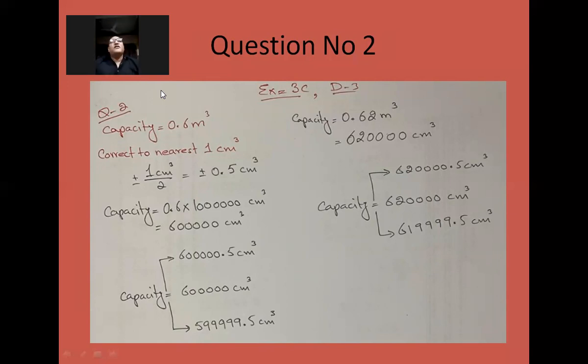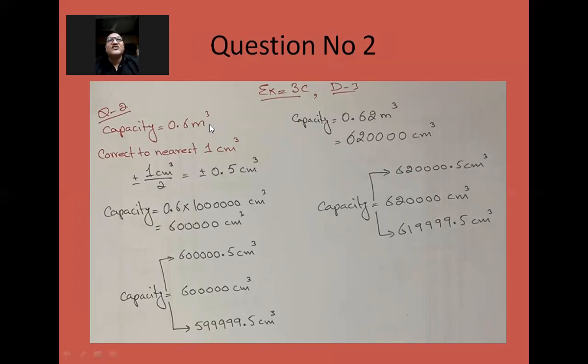First of all, I have done this whole question supposing that 0.6 meter cube is the number given in the question, and then I will show you what happens if the reading is 0.62 meter cube. Let's do it first with this number, and then we will do it with the actual number. This is the misprint which was in the book.